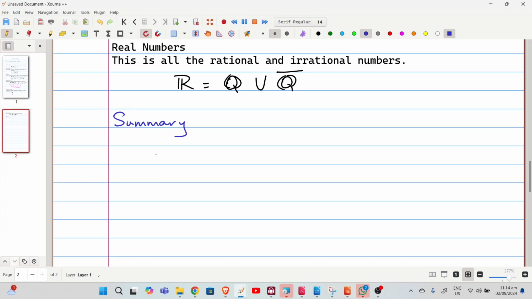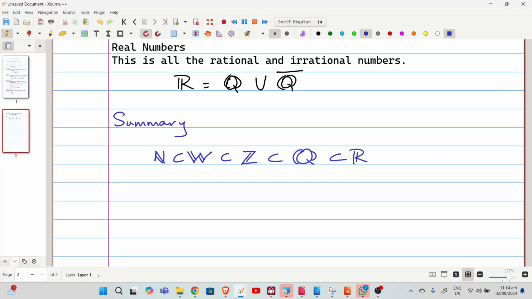We have the set of natural numbers, which is a subset or is a part of or completely belongs to the set of whole numbers, which is again a subset of the set of integers, which is a subset of the rational numbers, and the rational numbers is a subset of the real numbers. So this is the relationship between each one of the different types of numbers that we were talking about before.